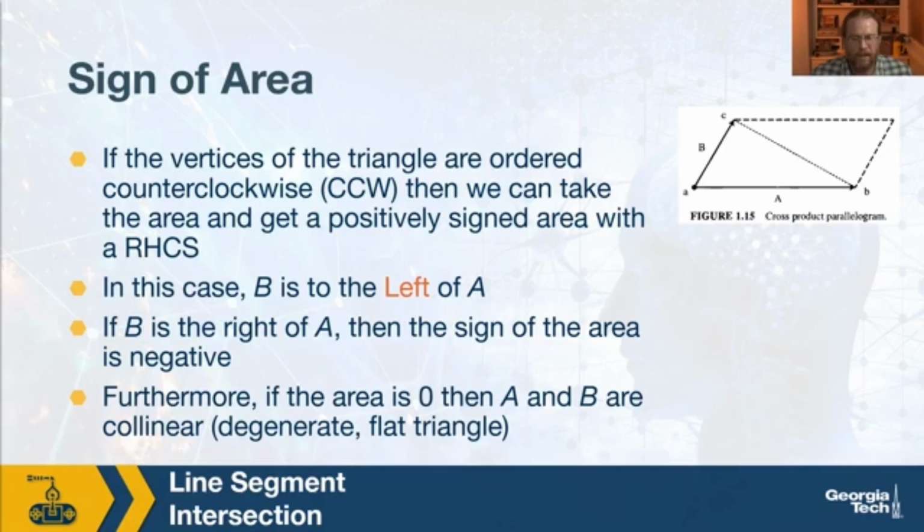But if we had vertices in a different order, then we would get a negative.